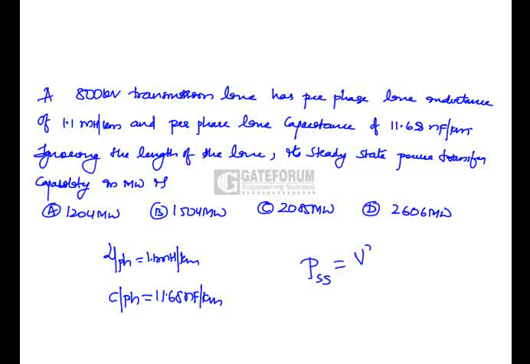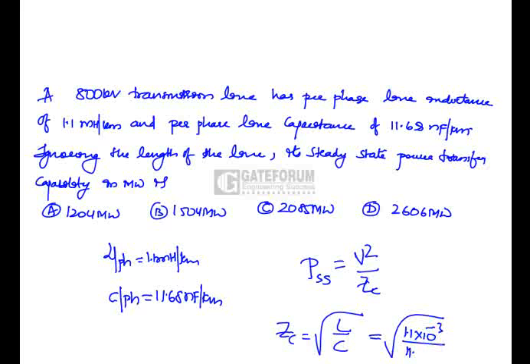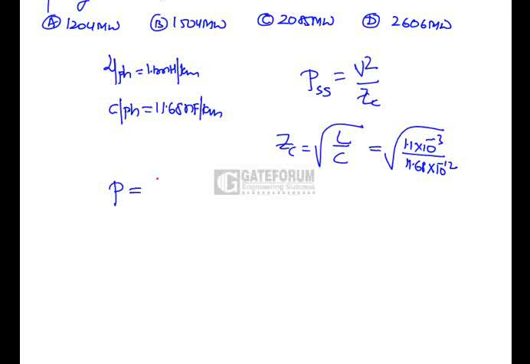It is equal to V square by ZC. What is ZC here? ZC is the square root of L by C. So this is the square root of 1.1 into 10 power minus 3 divided by 11.68 into 10 power minus 12. Okay, so power is equal to V square, where V is given as 800 kilovolts.